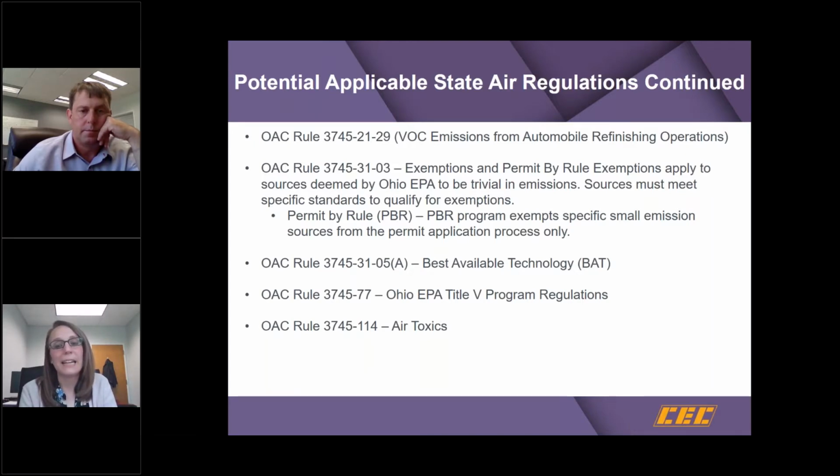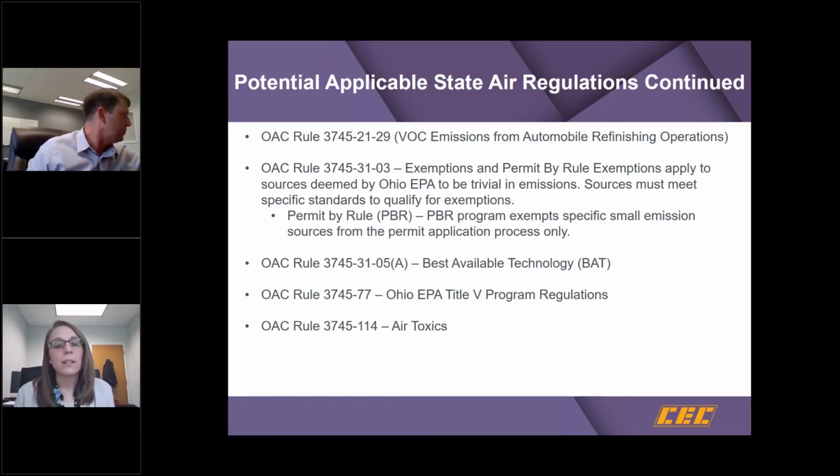They're not an exemption. They're just an exemption from actually having to do the long permit forms. But under 3103, you'll find those small source exemptions like small boilers or small roadways that might fall under this rule and would then allow a facility to not have to permit the source.